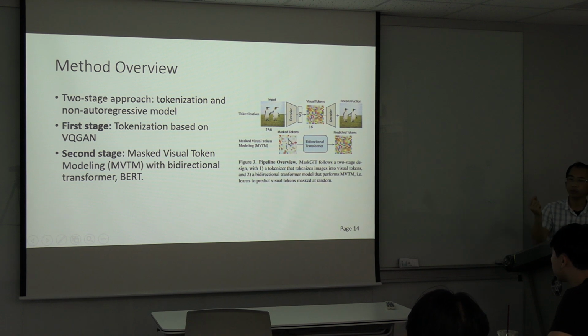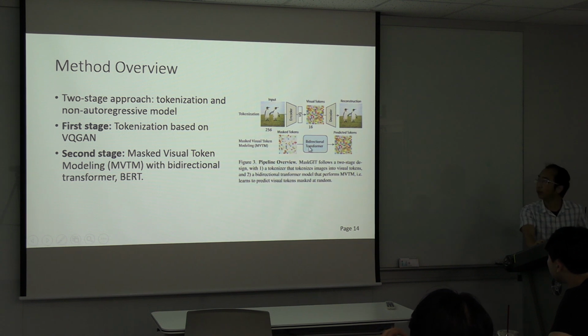We have numbers 1, 10, and 20, for example, right? And we just put all of that into the bidirectional transformer and predict only those 3 positions. So this model can learn the relationships, because the bidirectional transformer has self-attention, right?